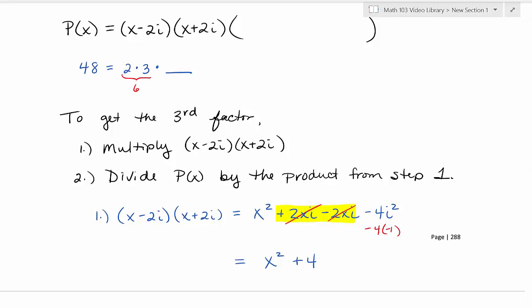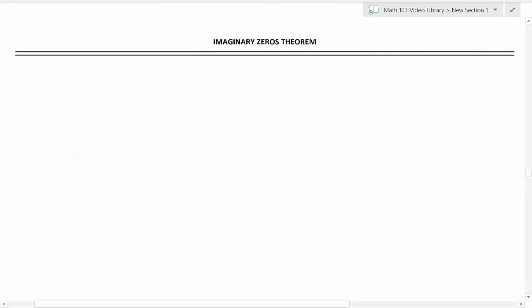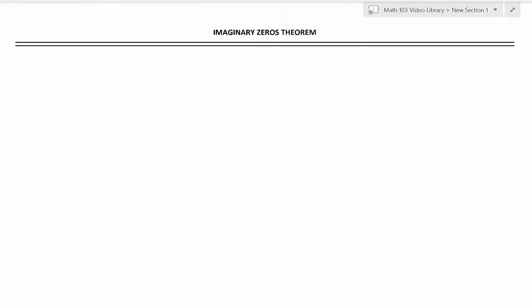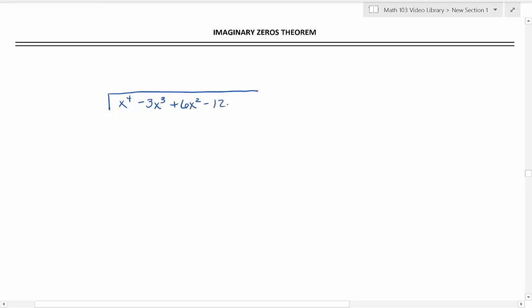Now we want to divide p of x by that x squared plus 4. Here's our original p of x. I want to divide it by x squared plus 4. Notice that our divisor is missing a linear term, so we want to be sure to put a placeholder in.